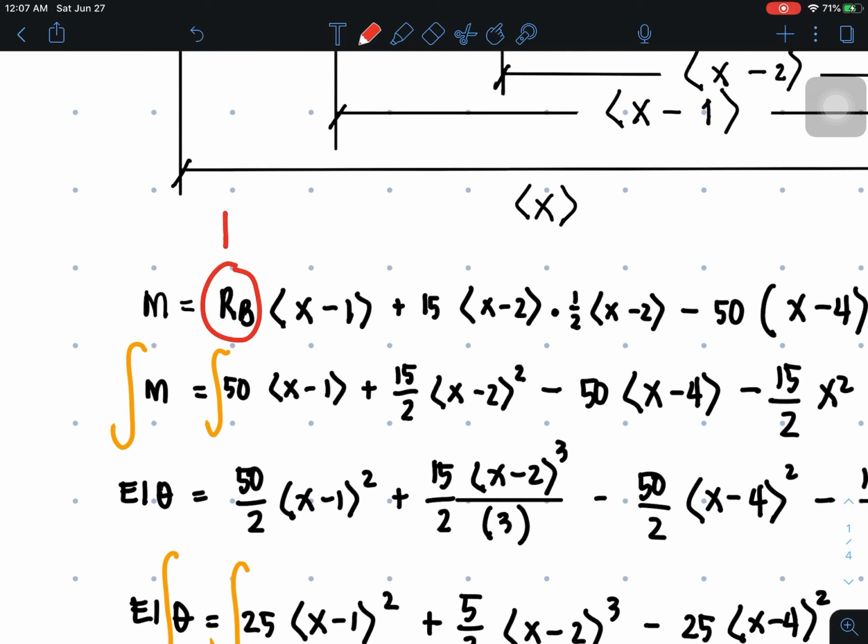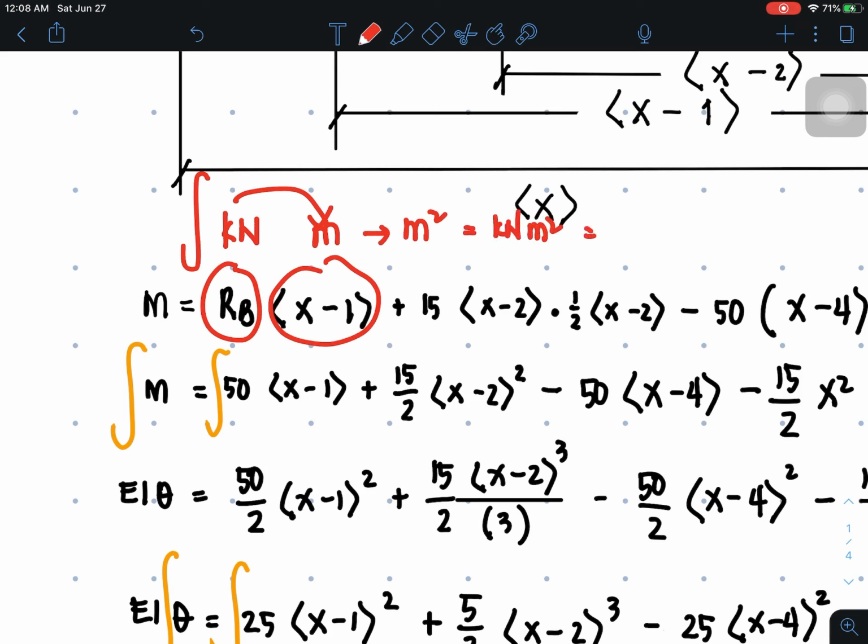Remember that RB is a force and the unit is kilonewtons. Parisan nimo siya og meters, diba? Nya kay gi-integrate man, meaning kana siya mahimong square meter. So therefore, it's now kilonewton square meter for slope. Okay?